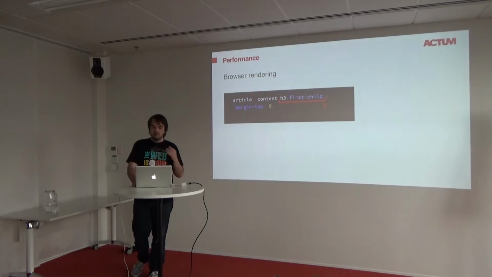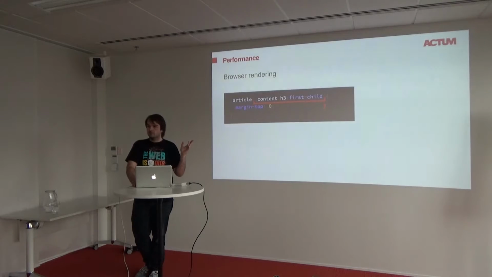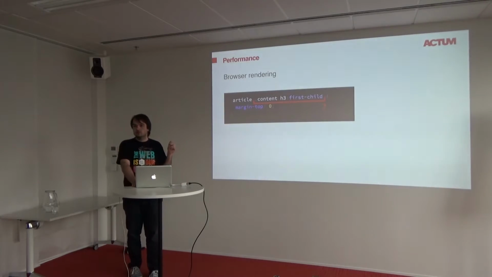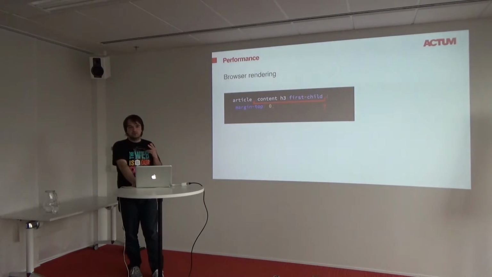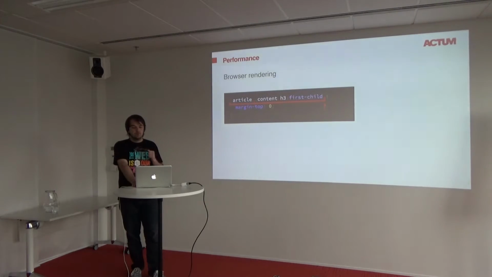Then, if it's present in the HTML, it goes further. It tries to find its parent, the class of content. Then, if it still exists, it goes even further to the last one, article, and if it exists, it will apply the value to the desired element, to the found element or elements.